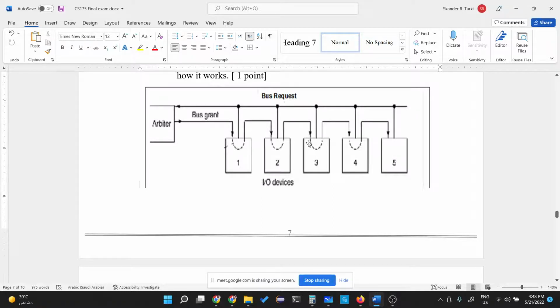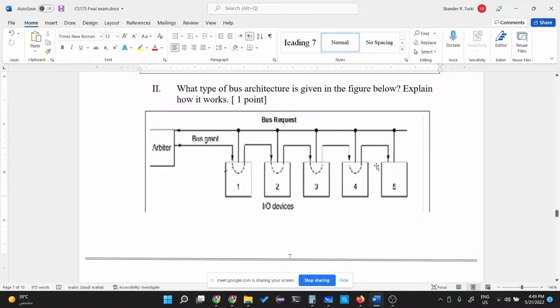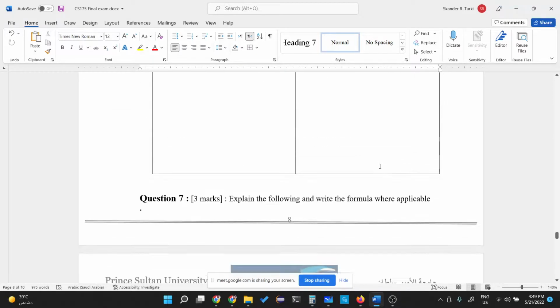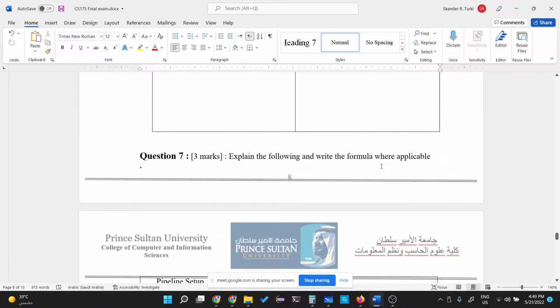These components may use the bus all the time, and 5 may wait indefinitely, a very long time, until it gets the bus. This is called starvation. It is a very common problem when you have static priorities. So that's the biggest disadvantage.